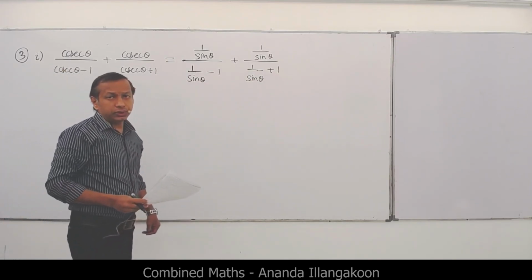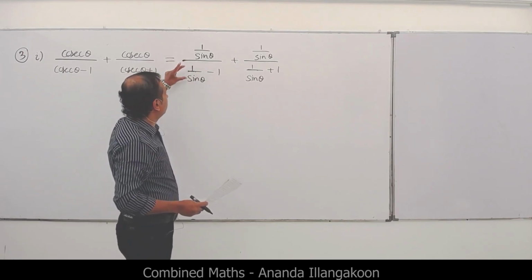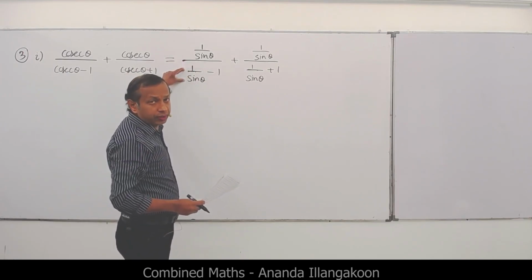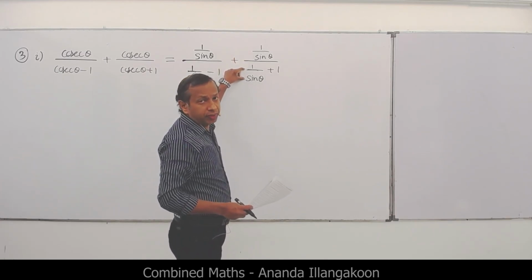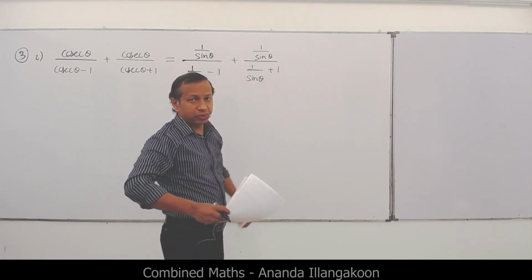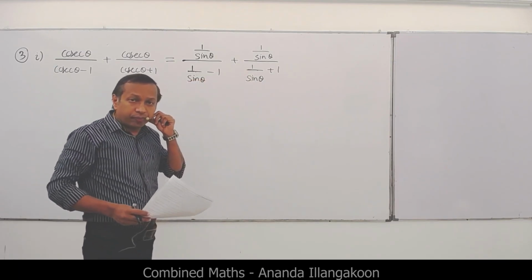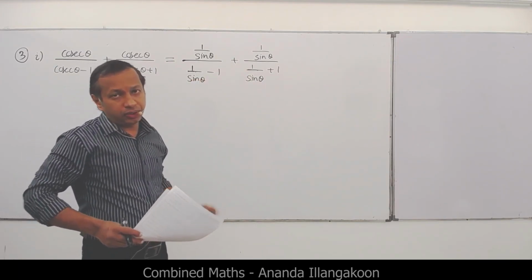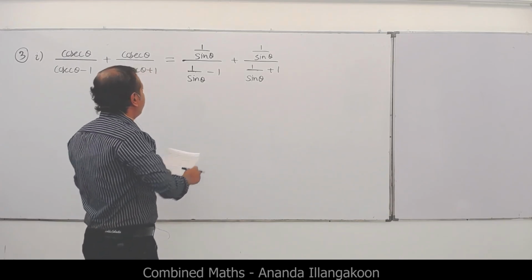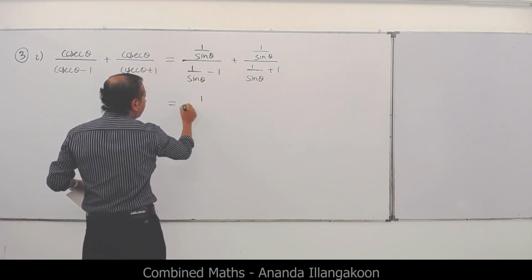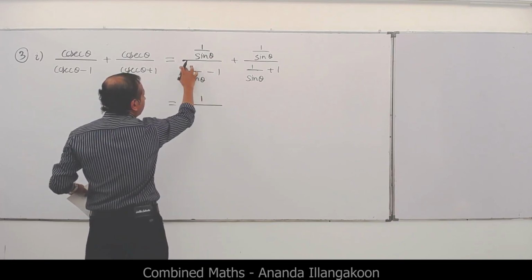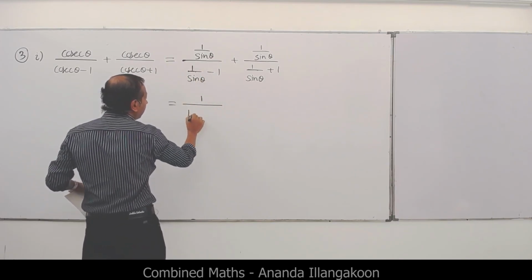Now what I do is multiply both numerator and denominator by sin theta. When we multiply both numerator and denominator by the same value, the fraction won't change. Once we multiply by sin theta, that sin theta and this sin theta cancel and give 1 there. Here, this sin theta cancels, giving 1 minus sin theta.